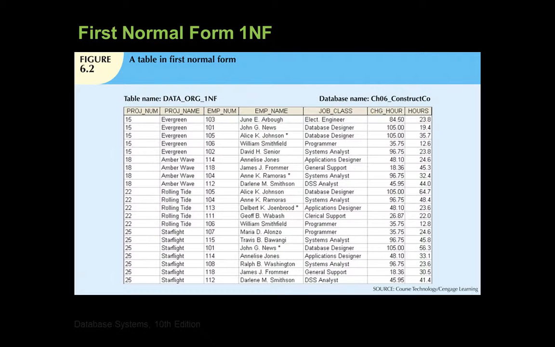So here's our database put into the first normal form. Notice we have no null or blank categories. Every line, every entity instance, if you will, is completely filled in.